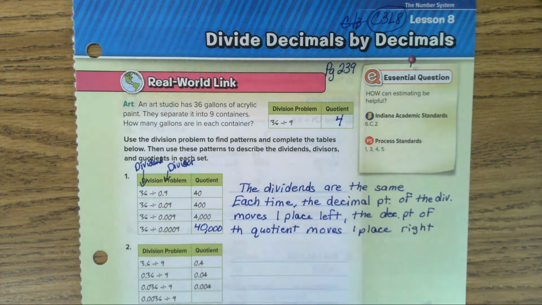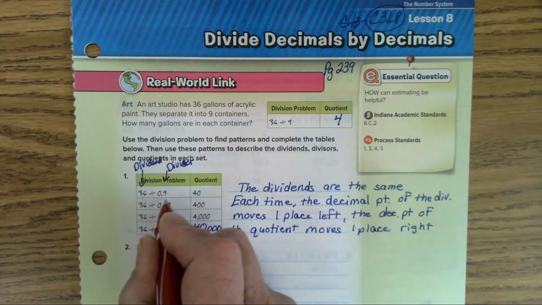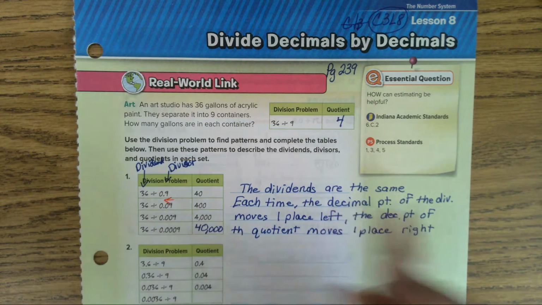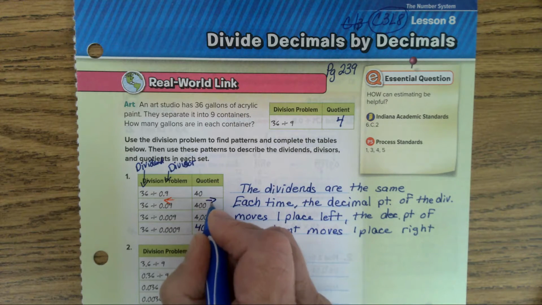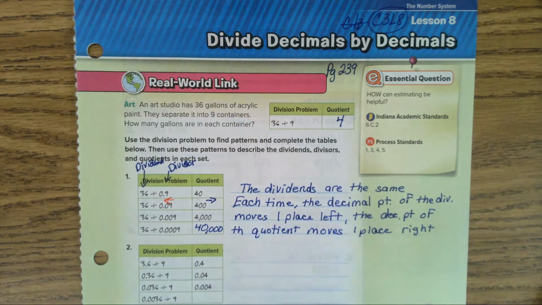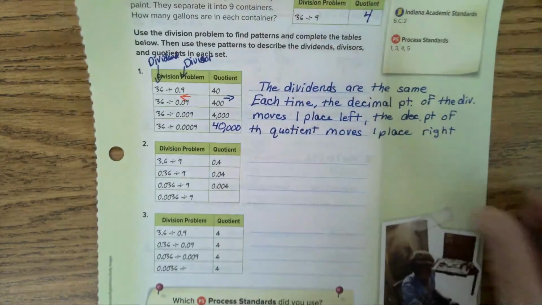Okay, so the divisor moves one place to the left. The quotient moves one place to the right. That is what it's referring to. So let's look at the next problem.